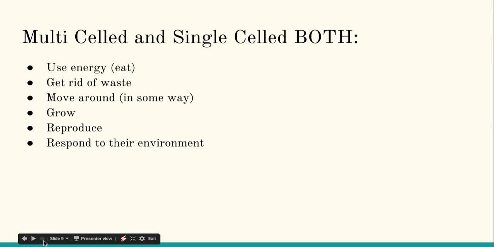And they both respond to their environment. So a single cell has one cell that does all of this. A multi-celled organism, like a human, has many cells to perform all of these functions. So multi-celled has many specialized cells. A single cell has one.